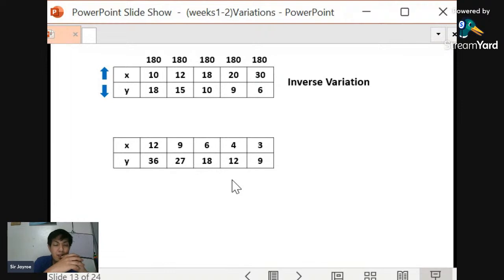12, 9, 6, 4, 3. Okay. O, kayo na ang bahala. So how about this one? Direct or inverse?